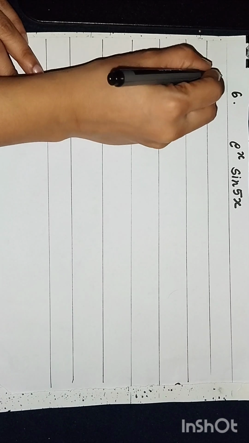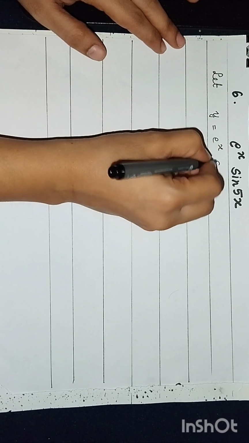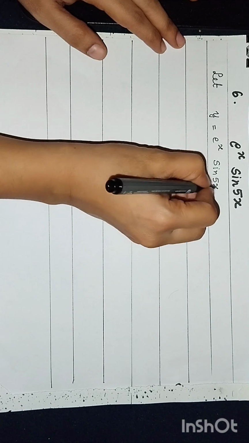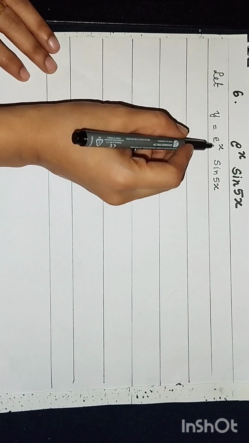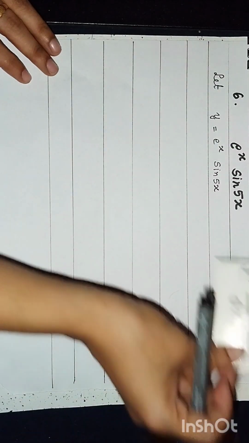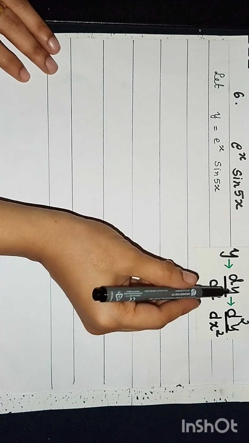Let us label the function: y is equal to e to the power x sine 5x. So we want dy by dx, right? How to move from y to dy by dx?